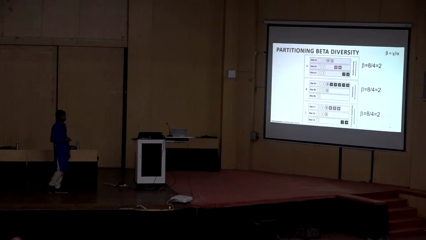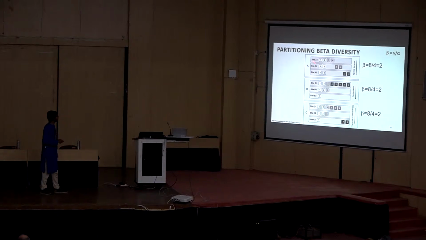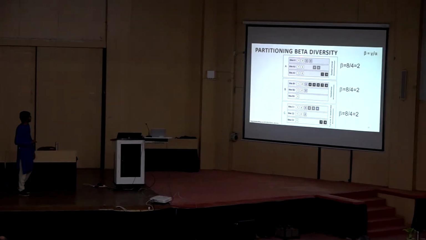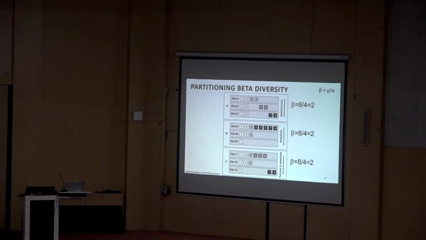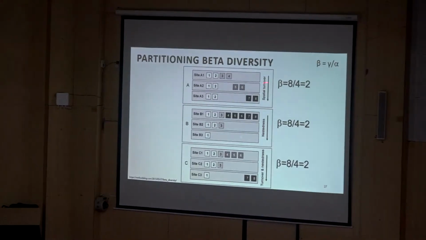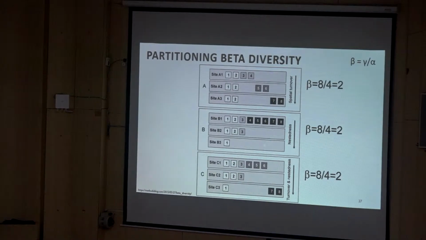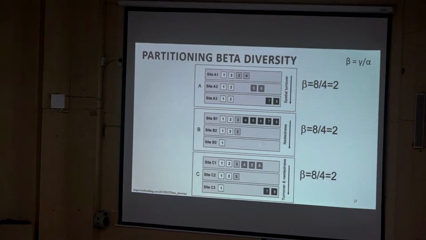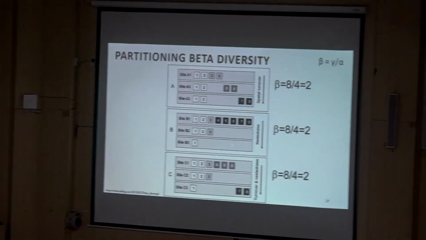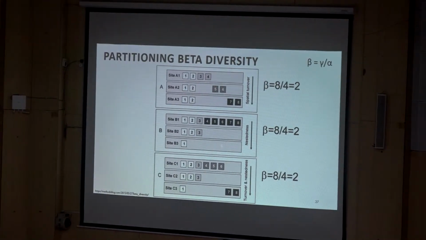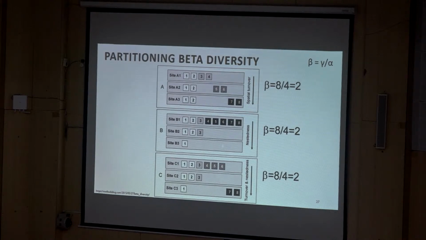And there are another three case scenarios. In case A, with increasing sampling of new sites, you get addition of new species. That represents a case of spatial turnover. In case B, with the increase of site samples, there is no increase in overall species richness, but essentially each of these sites is a subset of the original first site.